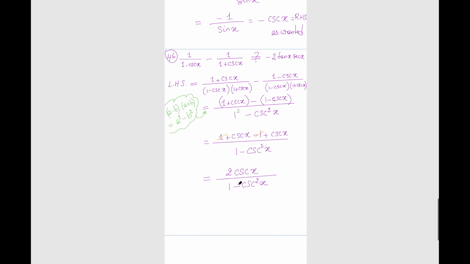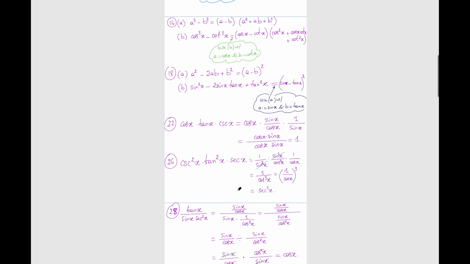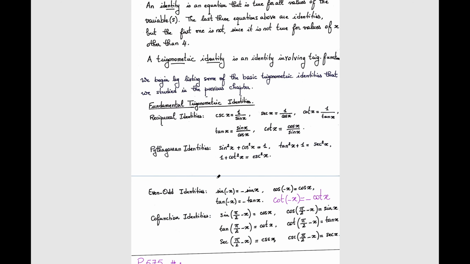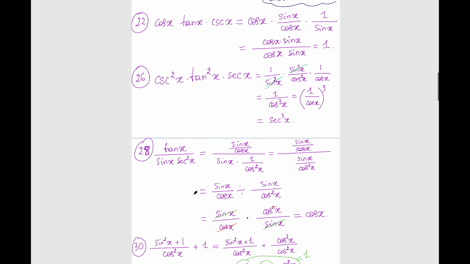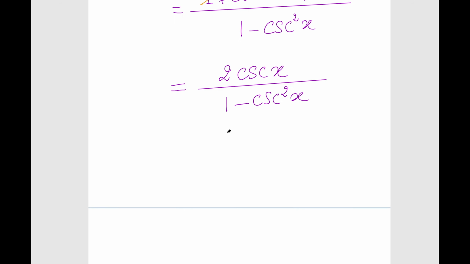Let me revisit something I mentioned at the beginning of this section. It's right there. This one. 1 plus cotangent squared is cosecant squared. Keep in mind, 1 plus cotangent squared is cosecant squared. It's one of the Pythagorean identities. Let's invoke this thing here.